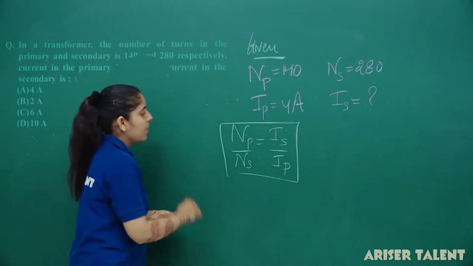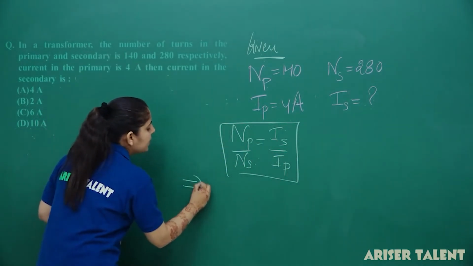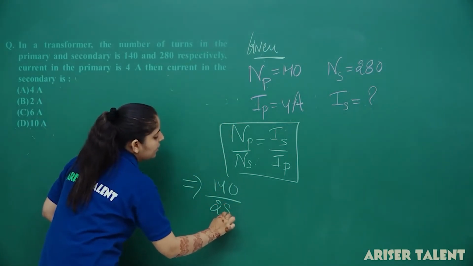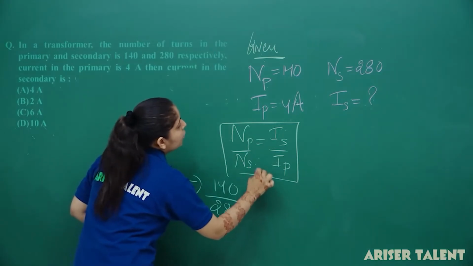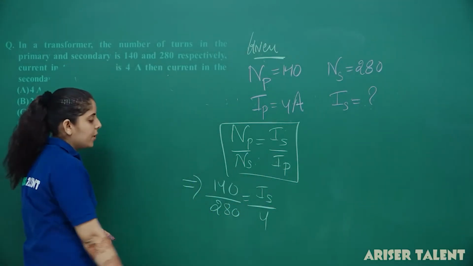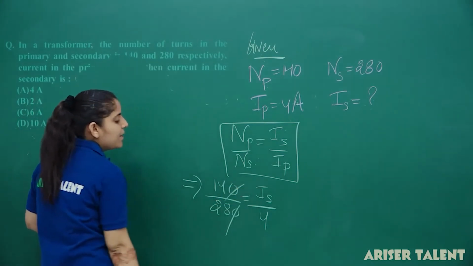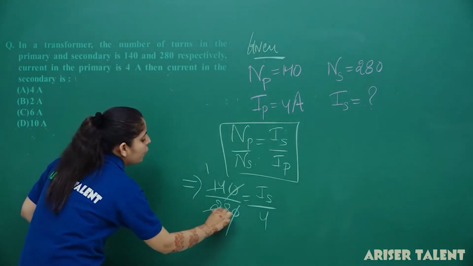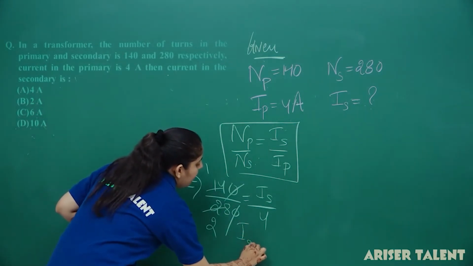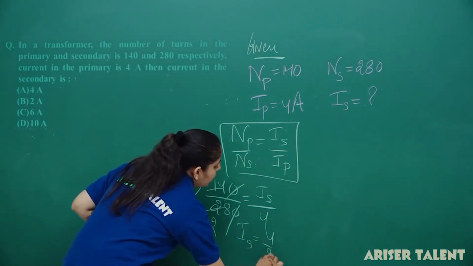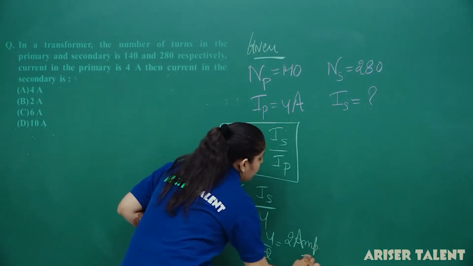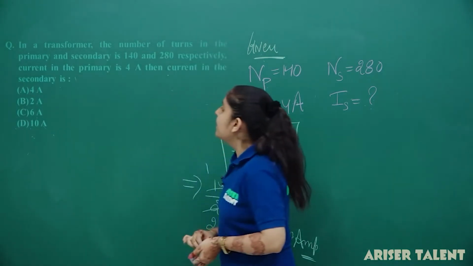Now, on substituting these values, NP is 140, NS is 280, and the current in primary is 4. 0 will be cancelled by 0. 14 1s are 14 and 14 2s are 28, and IS is equal to 4 upon 2, which comes out to be 2 ampere.